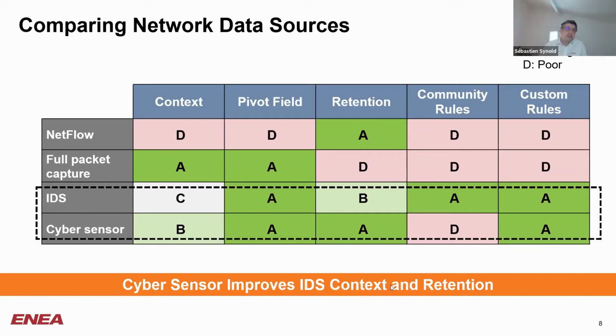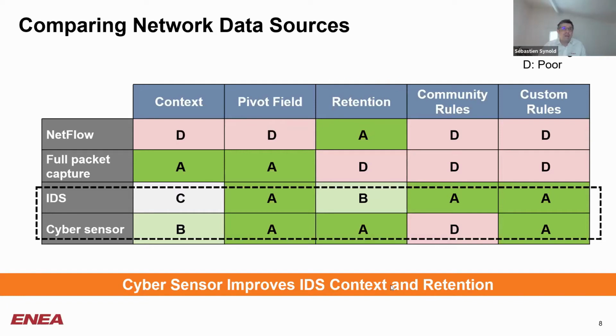And both IDS and cyber sensor provide security rules to detect network anomalies in real-time, but cyber sensor also provides more context about the traffic, thanks to the advanced classification, while reducing at the same time the storage requirement by only focusing on everything that is not explicitly considered as safe traffic.